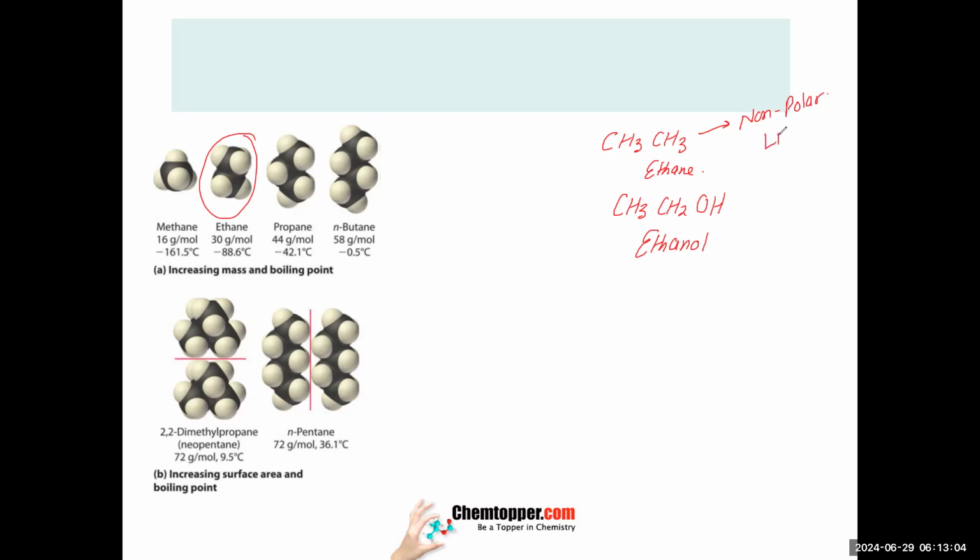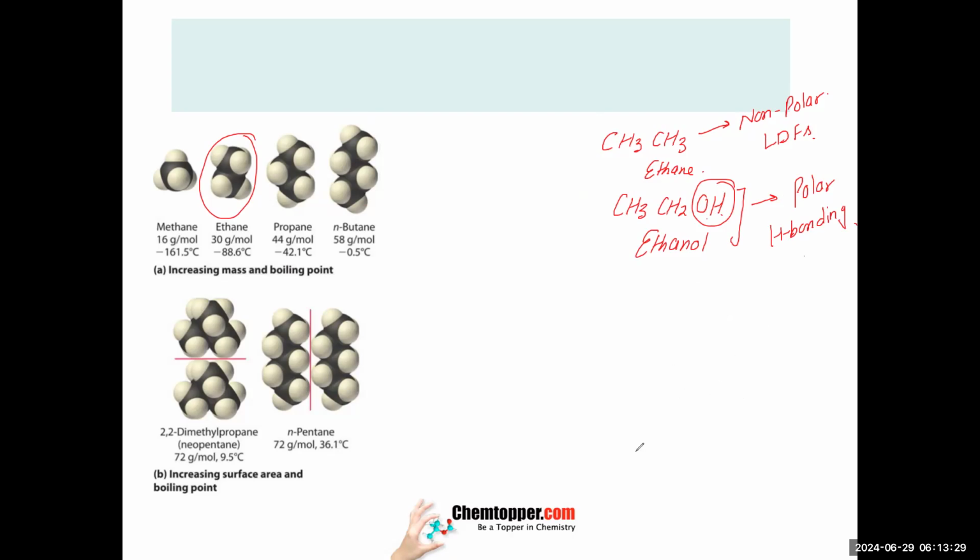It has only LDFs. Whereas this one, is it non-polar? No, it's polar. It has hydrogen bonding. OH, hydrogen on the oxygen. This molecule has hydrogen bonding.